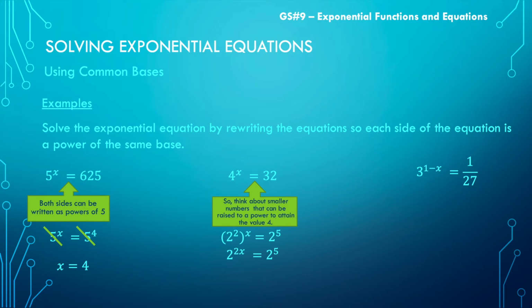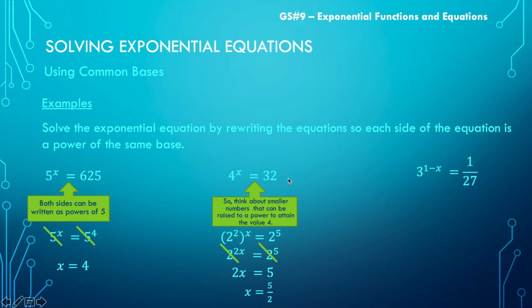Now we have both sides written as powers of a common base. We can get rid of the bases and equate the exponents. So 2x is equal to 5, which means x would equal 5 halves. And again, it's always worth it to take that answer, 5 halves, and sub it back into your original equation and double check that you do get this answer out.